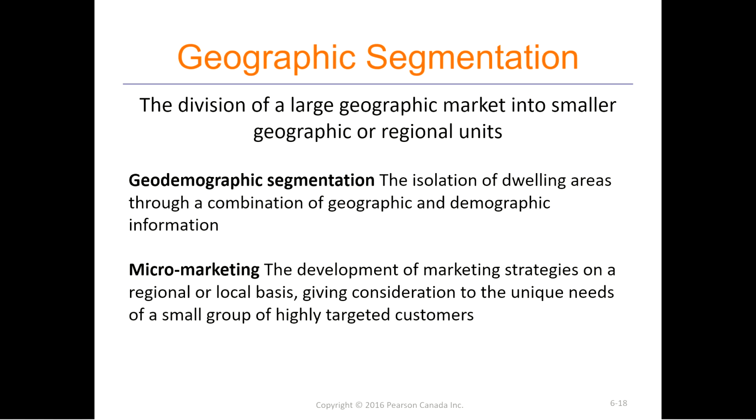So also we'll look at geo-demographic segmentation. This is the isolation of dwelling areas, a combination of geographic and demographic information based on the assumption that people seek out residential neighborhoods in which to cluster with their lifestyle peers. And this is so true in many areas of Montreal, on the east side versus the west side, with different lifestyles, especially even the north side and the south side of the island. You have this geodemographic segmentation.